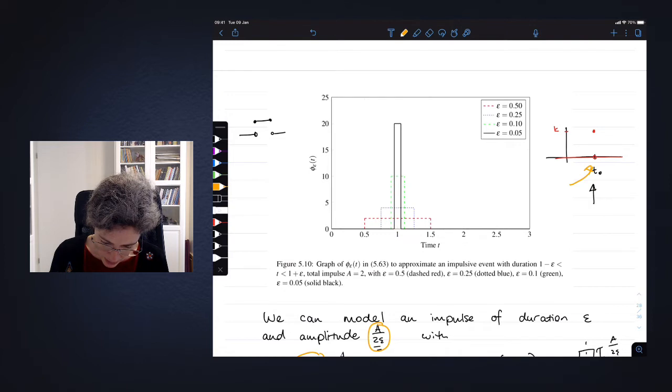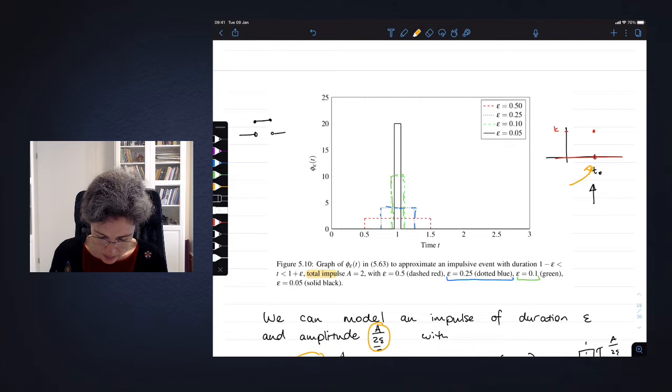So we've got, in dotted blue, epsilon is equal to 0.25, so that's this one over here. In green, we've got 0.1, so getting narrow and higher. And the key thing about each of these different rectangles is that they have the same area.